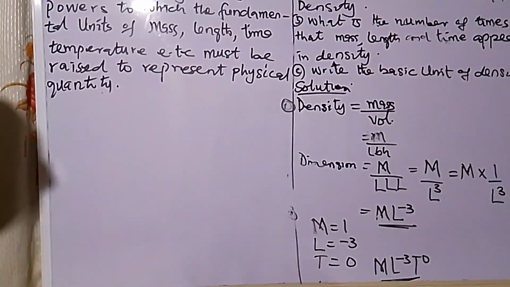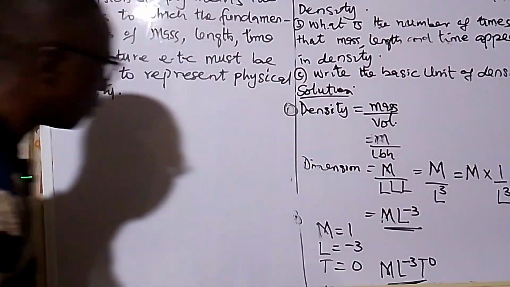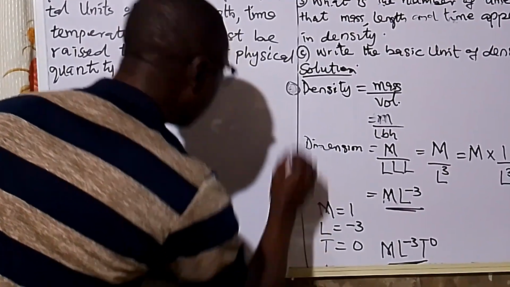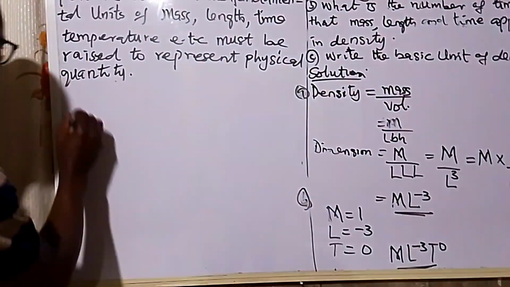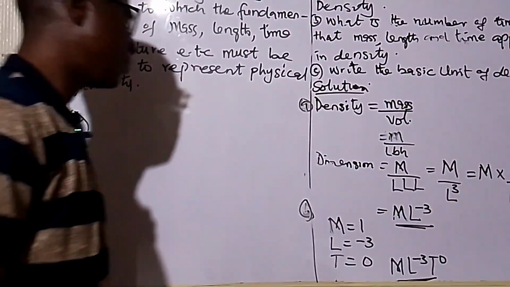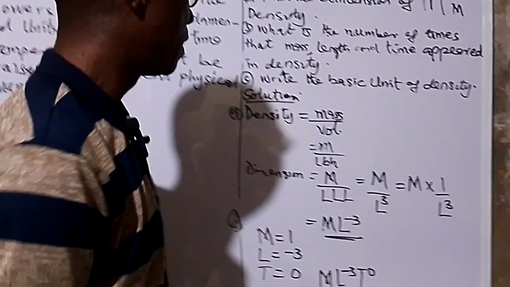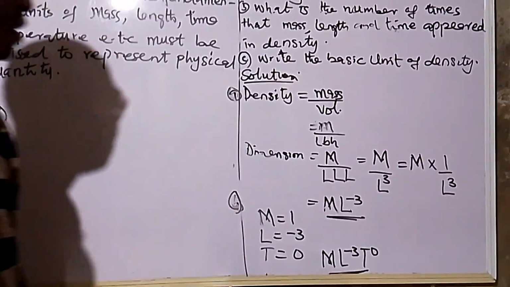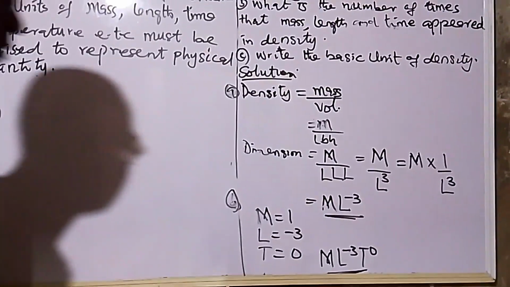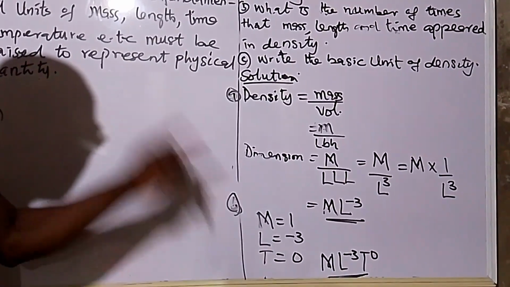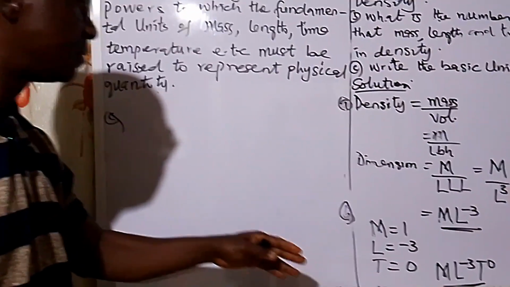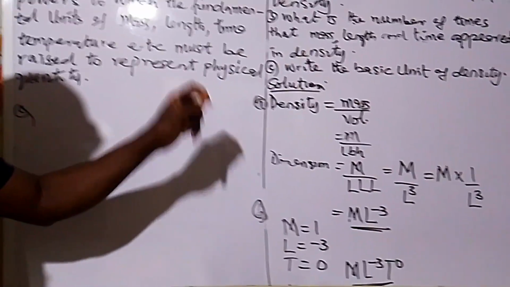Now, to answer question C: write the basic unit of density. That is from the first application that we can write the dimension and the unit of any physical quantity.